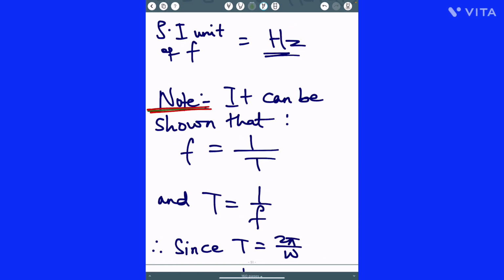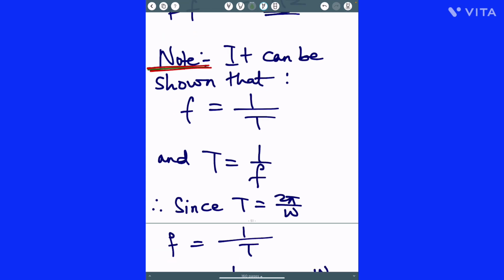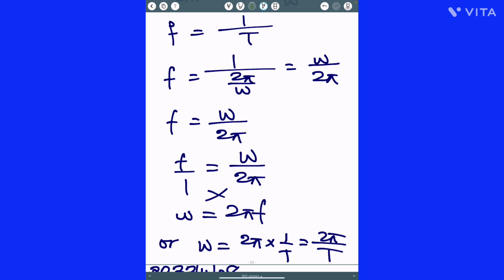Note, it can be shown that frequency is 1 over period, or period is 1 over frequency. Since period is 2 pi over W, frequency will be 1 over period, or 1 over 2 pi over W, which gives W over 2 pi. So the frequency of an object performing circular motion is W over 2 pi. Or W is 2 pi times frequency. So take note of all that.